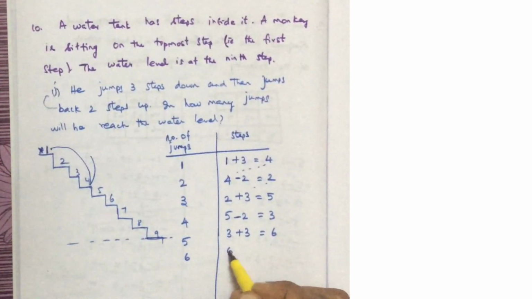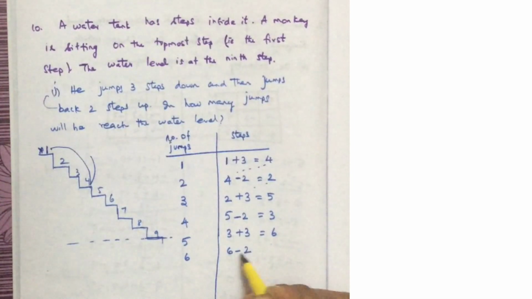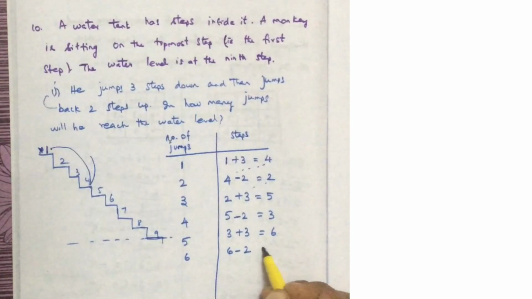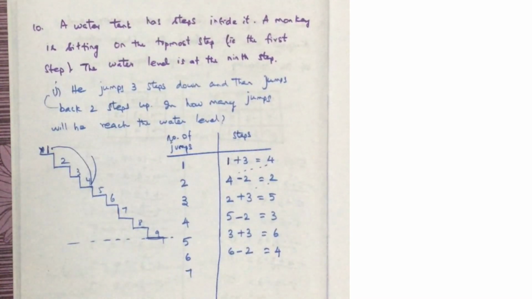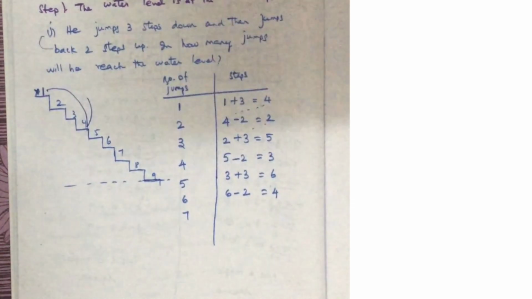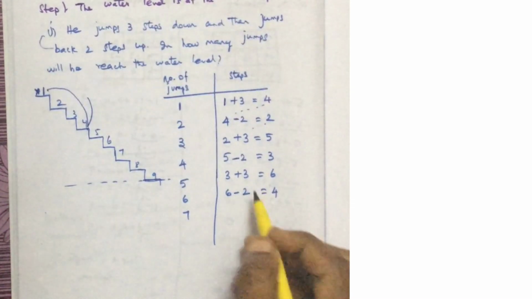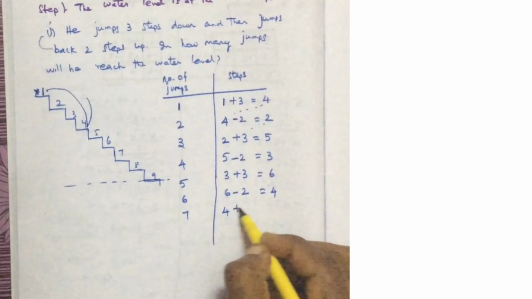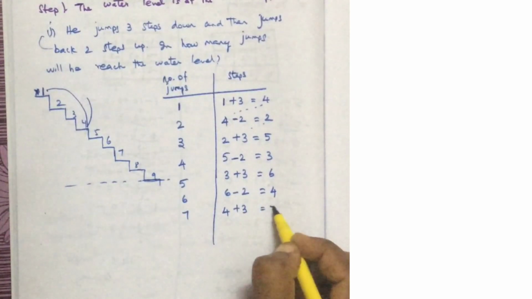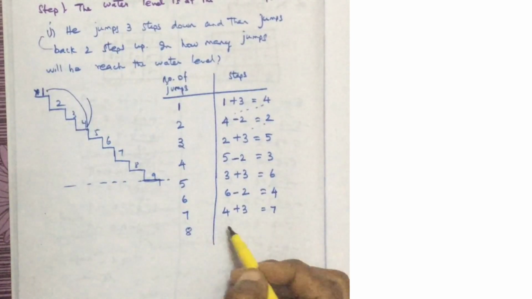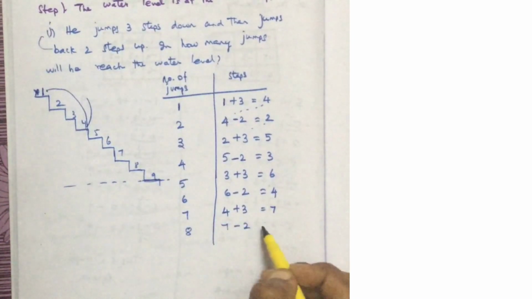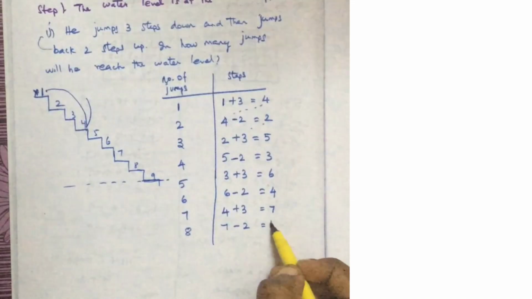From the 6th step, 2 steps back, so minus 2, that is 6 minus 2, 4. From the 4th step plus 3, that is equal to 7. Again from 7 minus 2, that is equal to 5.